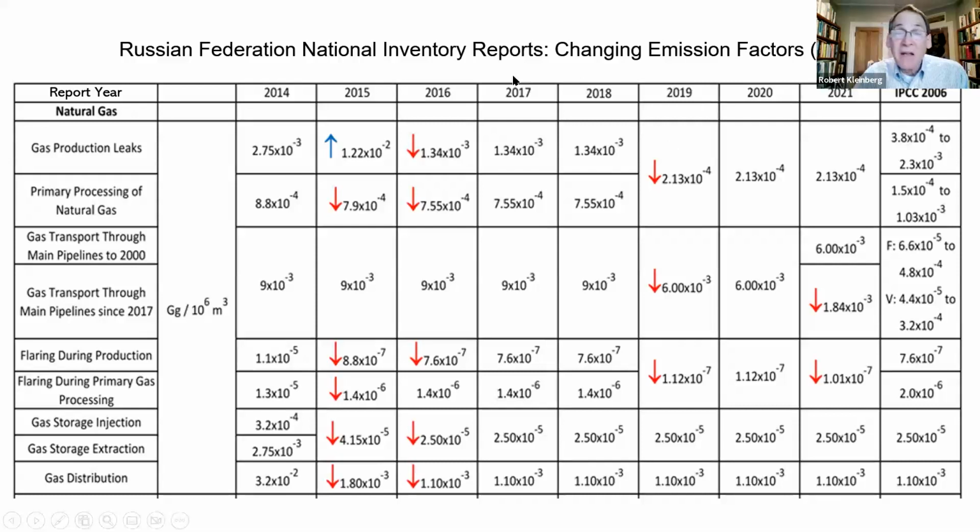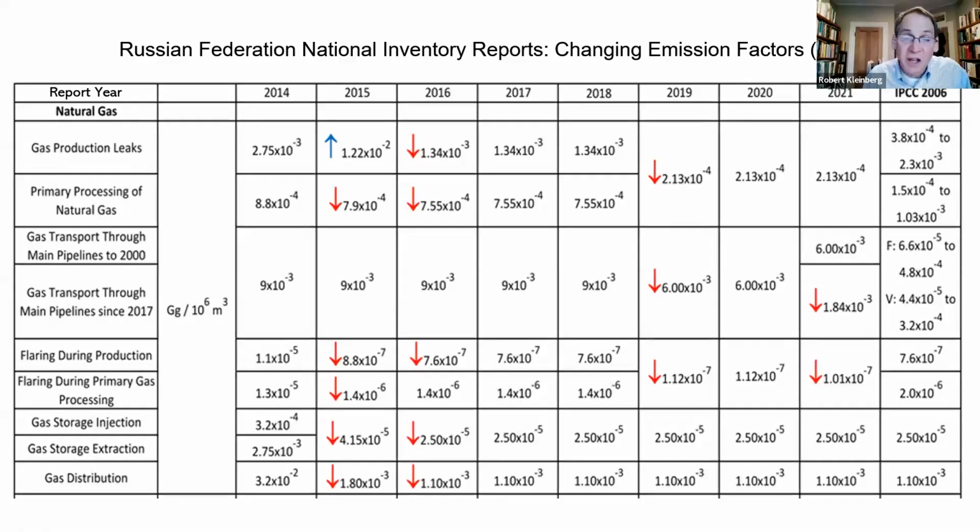I will say that it is a tribute to the authors of the EPA and Gas Research Institute report that came out in the mid-90s, principally Matt Harrison, who was the principal author, that this method is still being used universally and by both the United States and Russia, although I must say with different levels of conscientiousness and care.